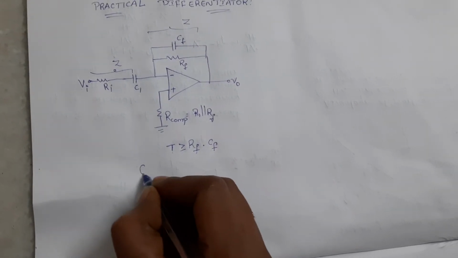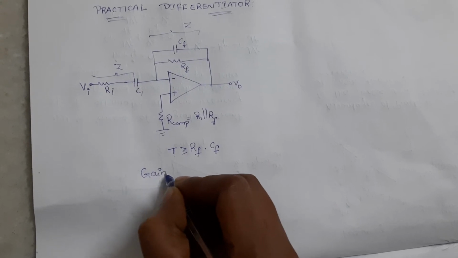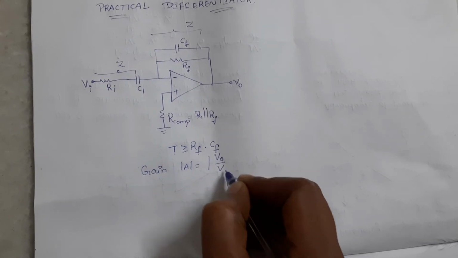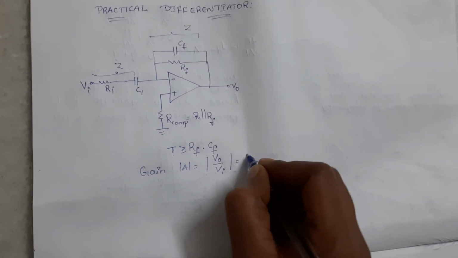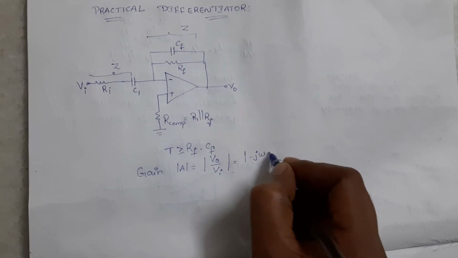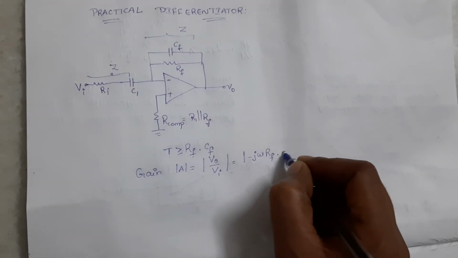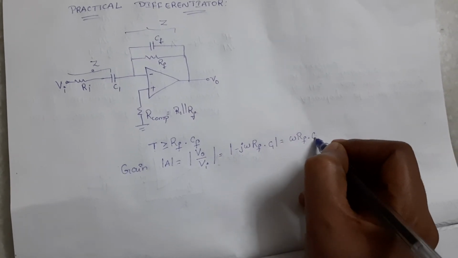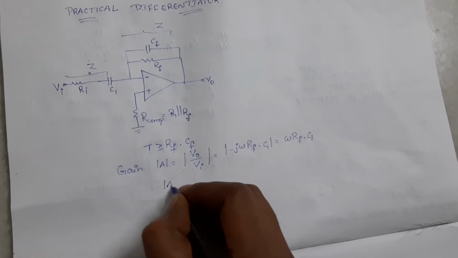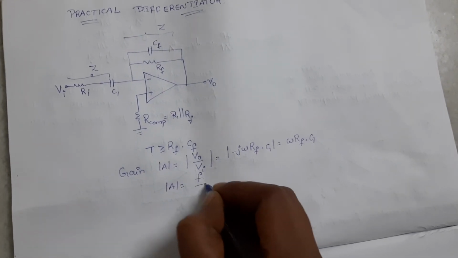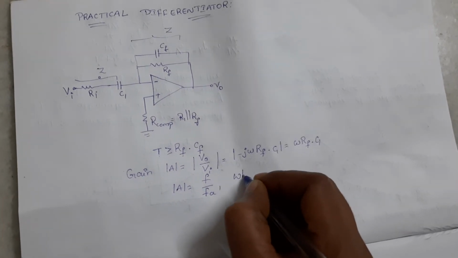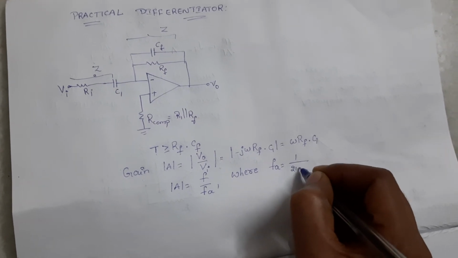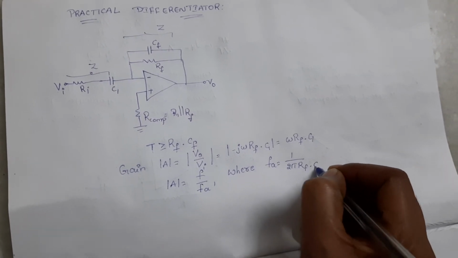The gain, mod A, is equal to mod V0 by Vi, which implies mod of minus j omega Rf into C1, so it becomes omega Rf into C1. So mod A, the gain, is nothing but F by Fa, where Fa is nothing but 1 by 2 pi Rf into C1.